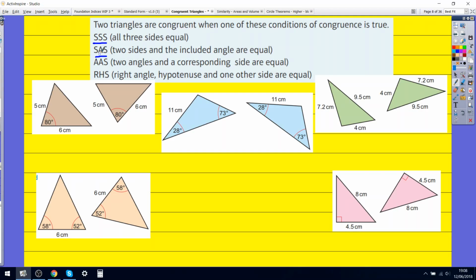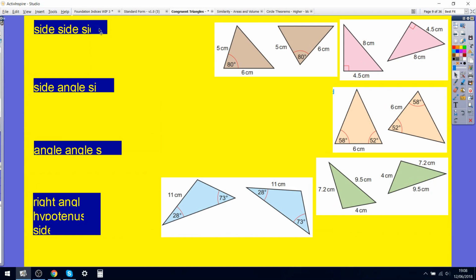And the last way is if they have a right angle, a hypotenuse, and one other side that's equal to each other.